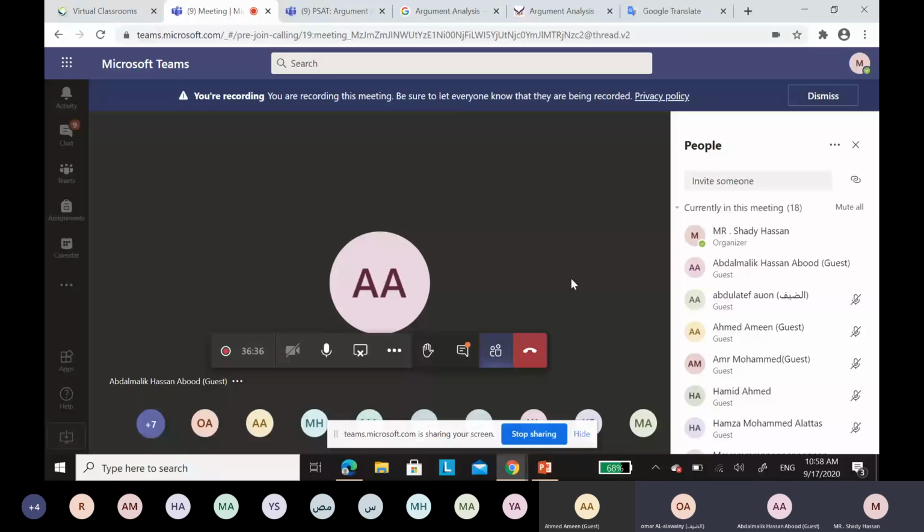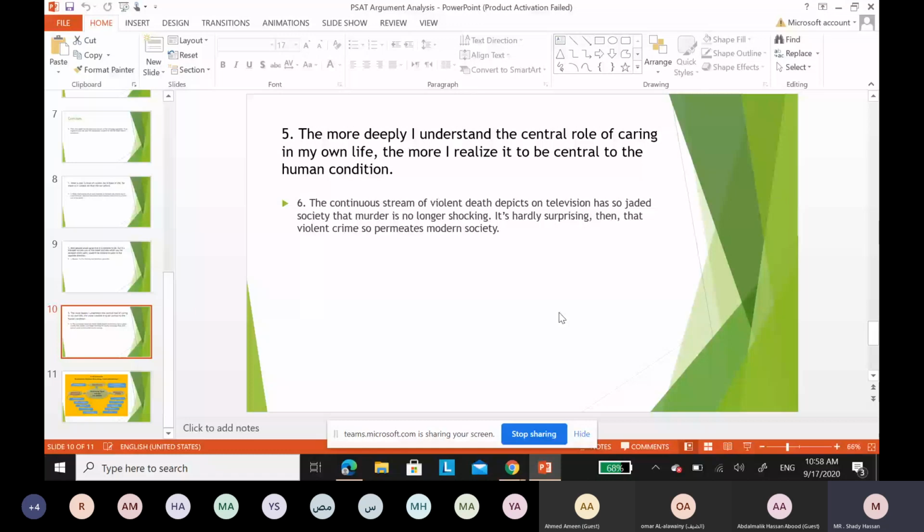Choose another student. Well, actually, the implied conclusion is that violence depicted on television contributes to society's high rate of violence. Okay?